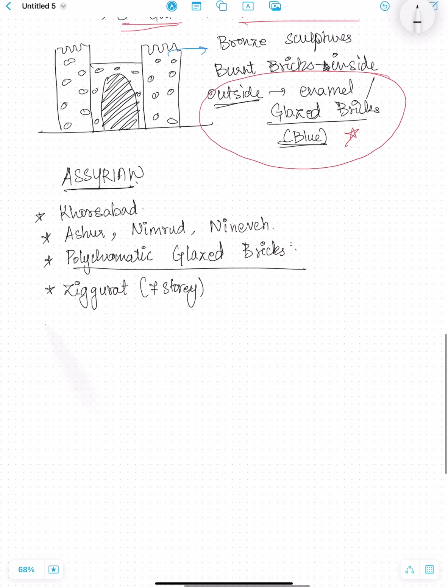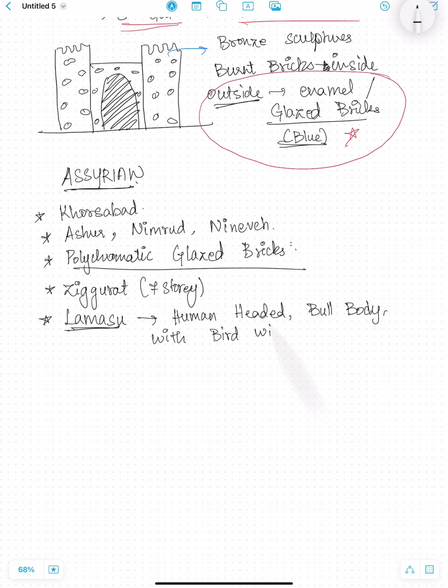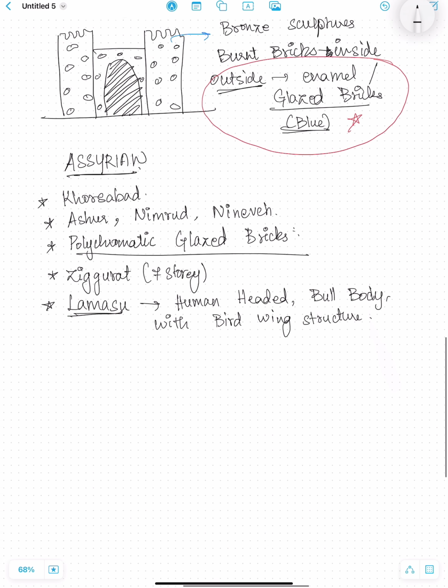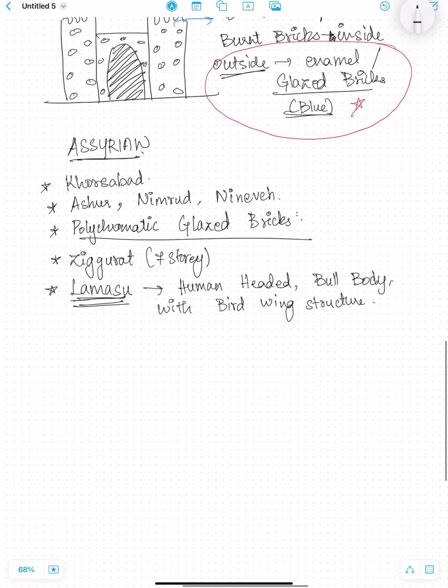And they also had a famous mythical sculpture here called as the Lamassu. So, Lamassu is a human-headed, bull-bodied figure with bird wing structure, and these are usually kept in entranceways.